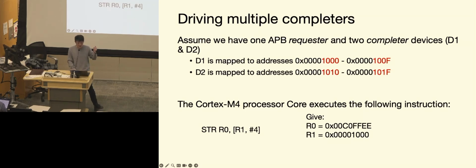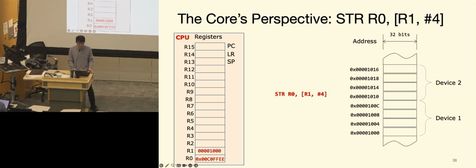D1 is mapped to the address from 1000 to 1000F, and the other mapped to 1010 and then 101F. And we have the instruction as store R0, R1 plus 4, after immediate plus 4.